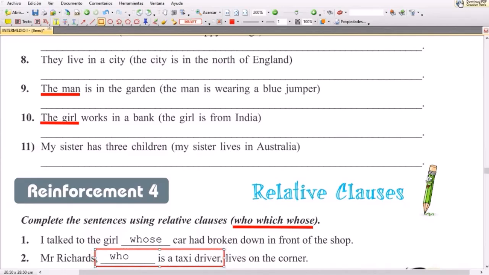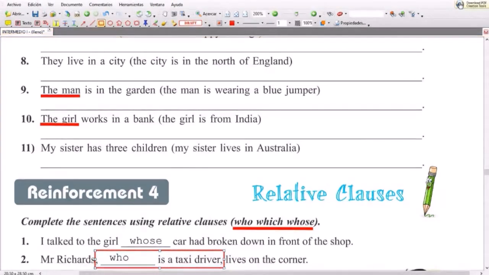When you use a relative clause in that way, with comma, comma, the information is extra. You can take it out and it's not going to change the meaning or context of your main sentence.